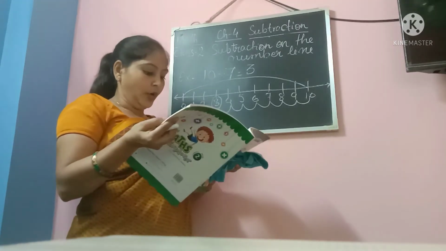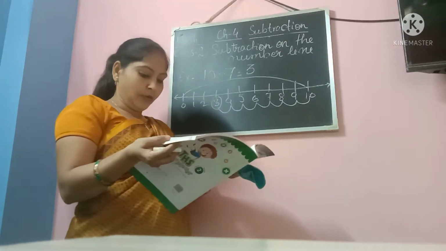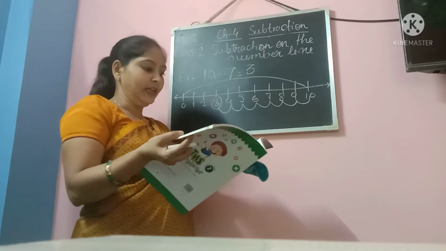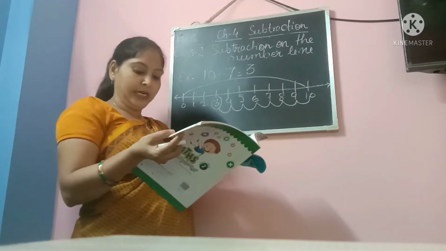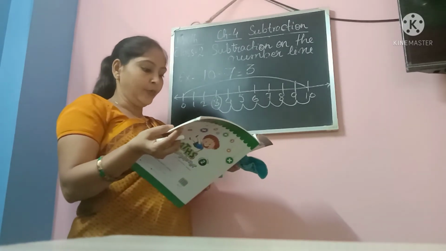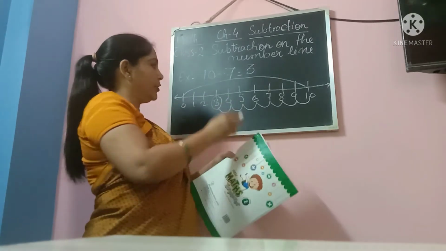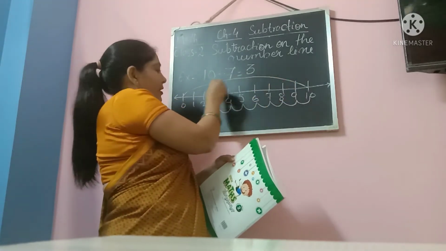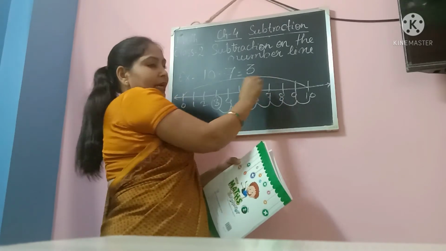In your book also, on page number 60 and 61, some questions are based on the number line system. So you can do it. Over here, they have not drawn this arc. Rather, they have just made one straight line.